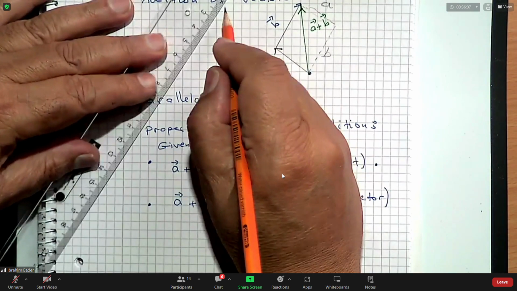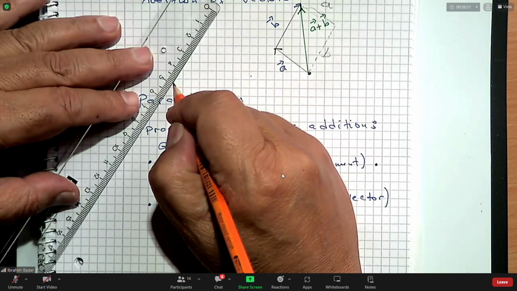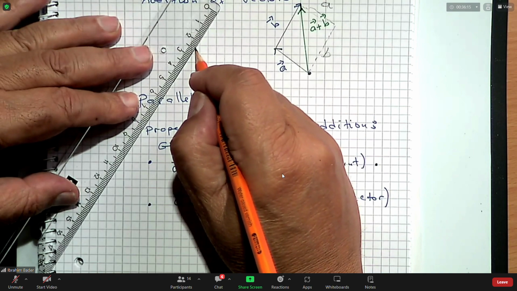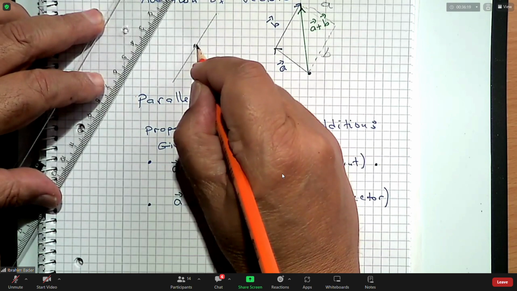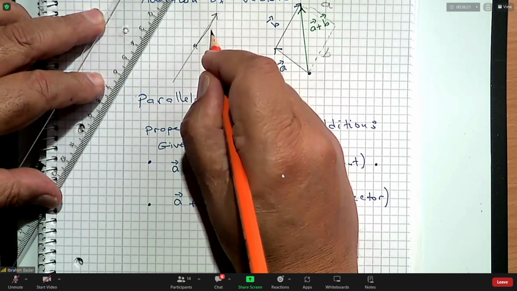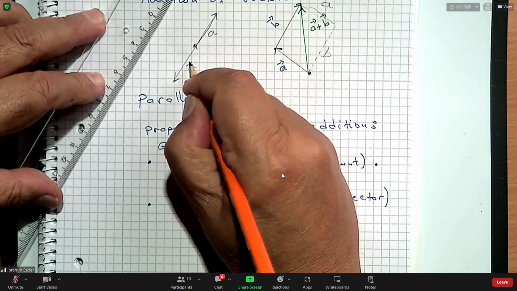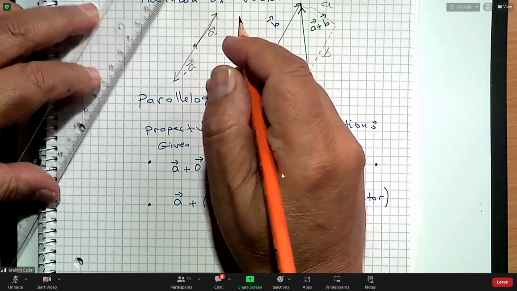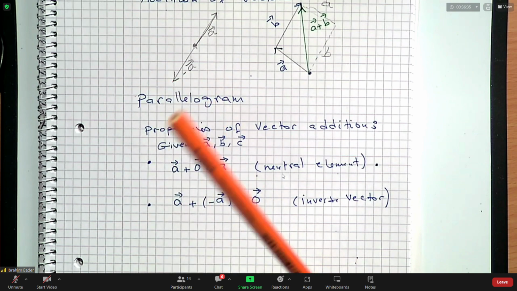If I have here a vector, let me just take some, and if this is the vector A, then this is the vector negative A. It's a vector that has exactly the same magnitude but the opposite direction.